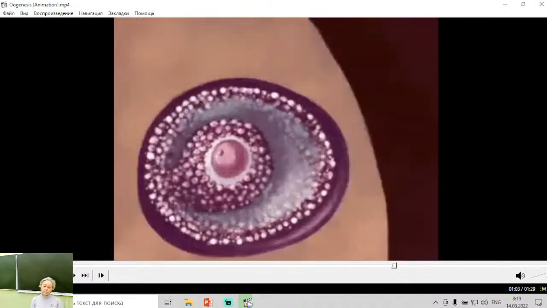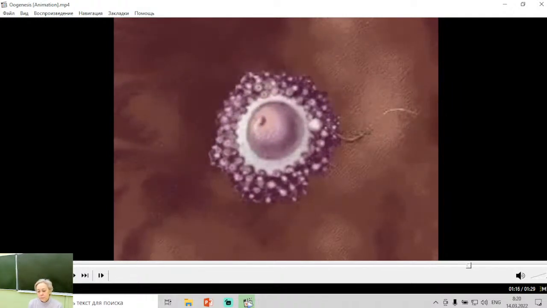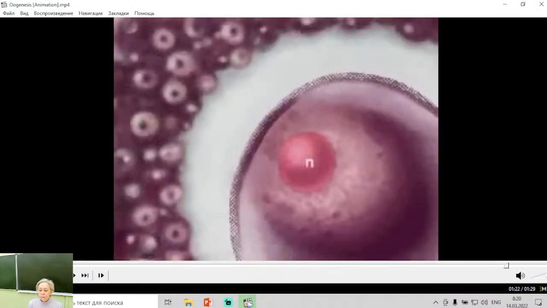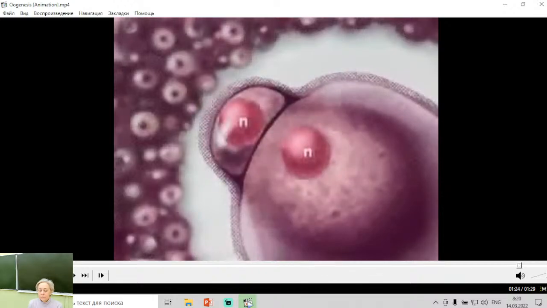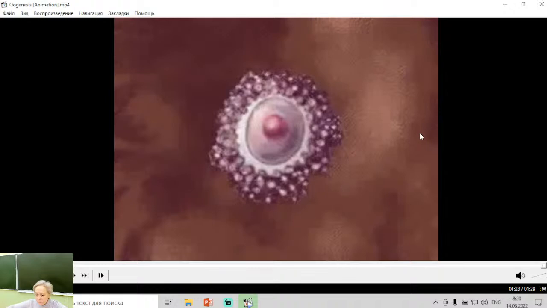The mature follicle ruptures at ovulation to release the secondary oocyte and a corona of granulosa cells into the uterine tube. The second meiotic division cannot be completed unless the secondary oocyte unites with the sperm cell. As a result of this division, a second polar body is formed, and the oocyte and sperm nuclei combine to form a zygote.